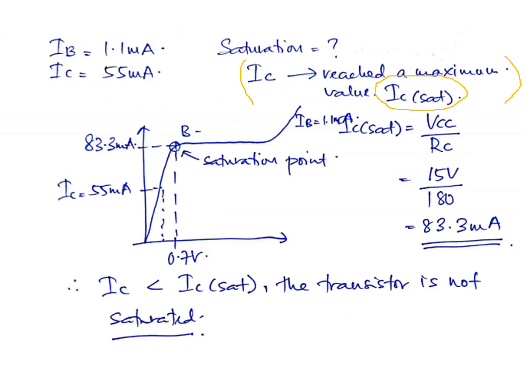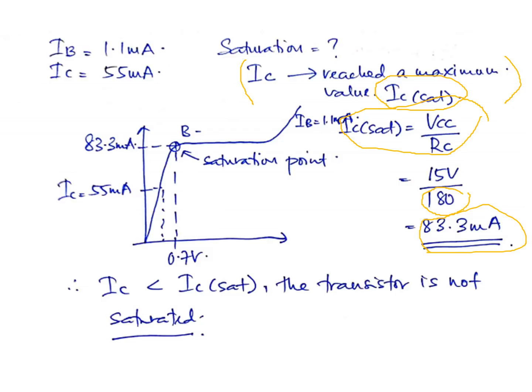We assume VCE saturation is equal to 0. So IC saturation is equal to VCC over RC. Given VCC equal to 15 and RC equal to 180, therefore IC saturation is equal to 83.3 milliampere.